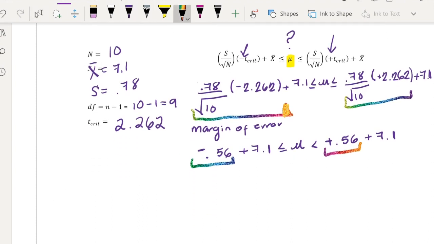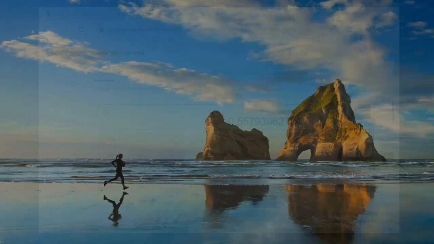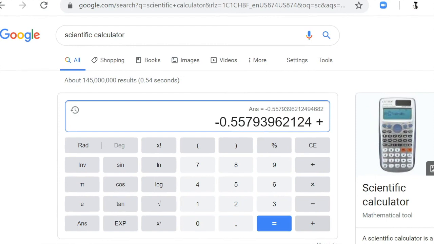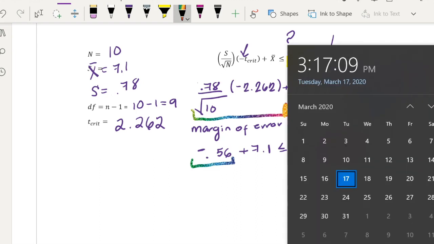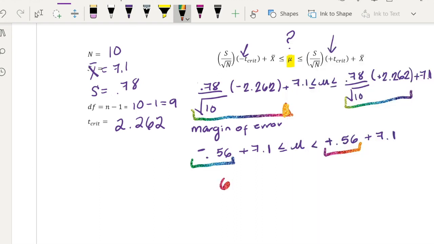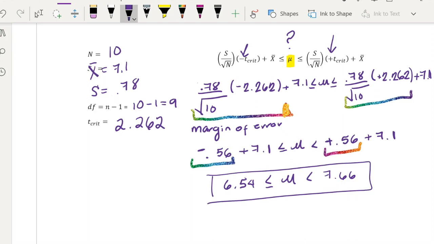And then you just do this operation, that plus 7.1, 6.54, and that's on one side. And then on this side, we just add them together, and I believe it is 7.66. And this is it. This is my confidence interval.